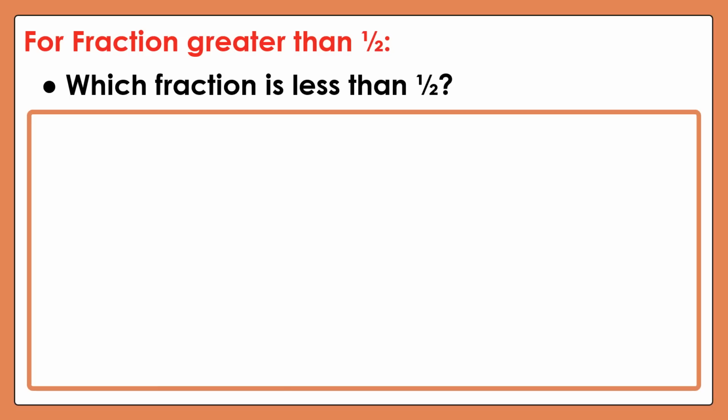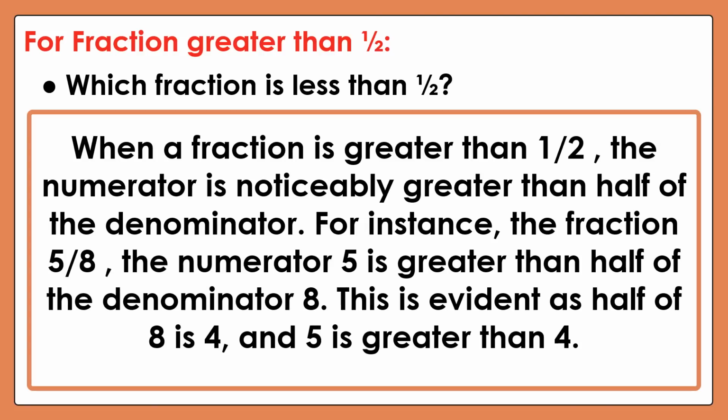For fraction greater than 1/2, which fraction is greater than 1/2? The answer, when a fraction is greater than 1/2, the numerator is noticeably greater than half of the denominator. For instance, the fraction 5/8, the numerator 5 is greater than half of the denominator 8.